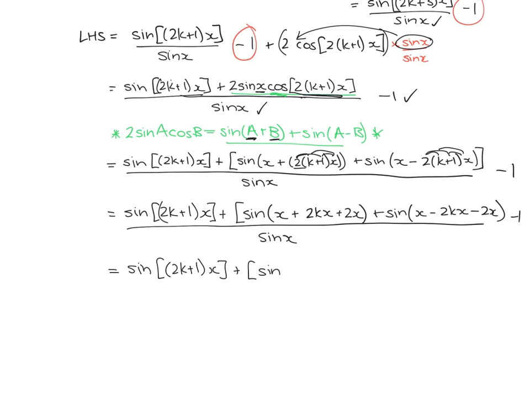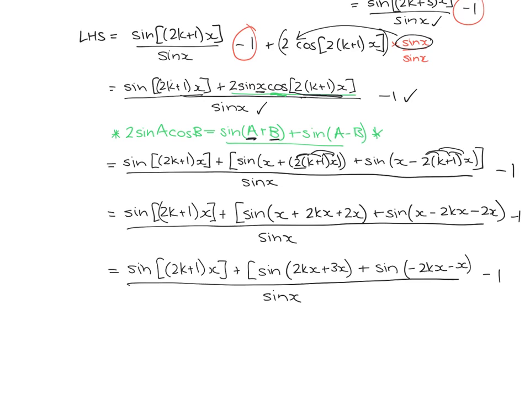Sine (2kx plus 3x) plus sine (negative 2kx minus x) over sine x. And we're still going. Now you might want to skip some of the steps that I'm using, but I'm just trying to show you every step so it will help you to see exactly what's going on.